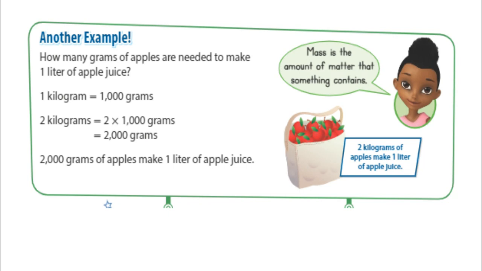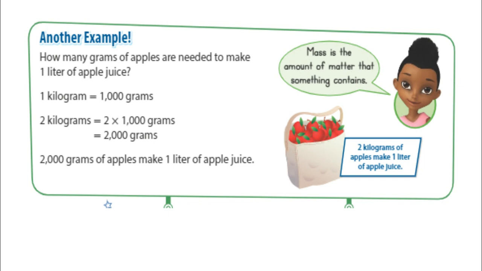Well, we know 2 kilograms, but we want to know how many grams. So 1 kilogram equals 1,000 grams. We're going to need 2 times 1,000 grams, or 2,000 grams to make 1 liter of apple juice. So 2 kilograms is equivalent to 2,000 grams.